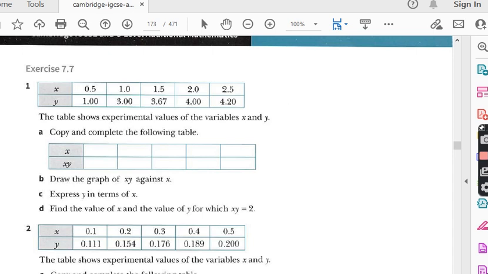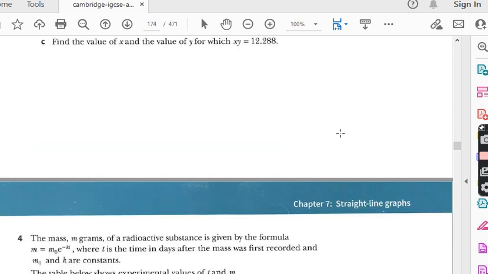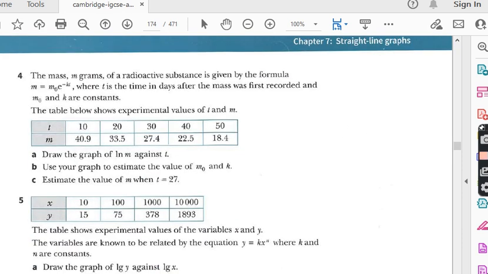So let's start question number 4, exercise 7.7. What is question number 4?